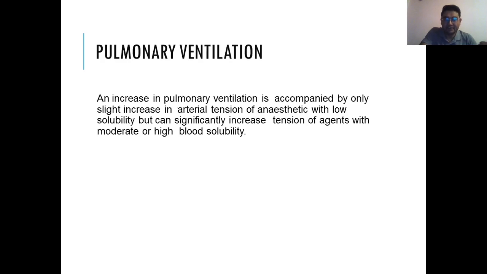And pulmonary ventilation. When pulmonary ventilation is high or increased, then again the induction will be fast. When there is an increase in pulmonary ventilation, anesthetics with low solubility are barely affected, but it can significantly increase the tension of agents with moderate to high blood solubility.